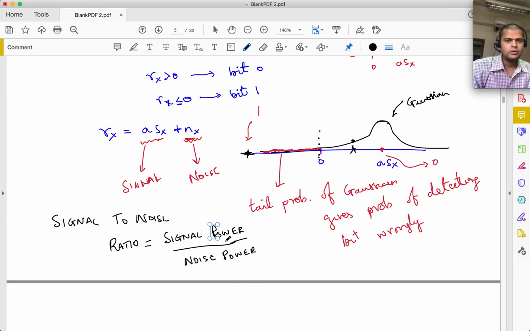And the signal to noise ratio is going to tell us what the bit error rate is going to be. You can calculate this tail probability as a function of the signal to noise ratio. It's called SNR.